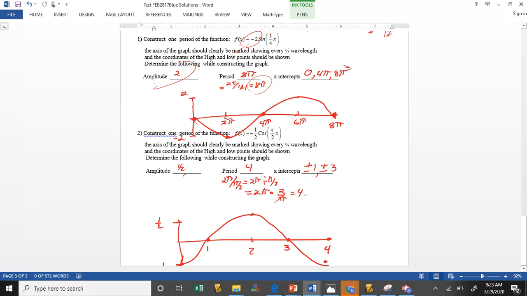So the span is 4 units. 4 units, halfway 2, quarter way 1, 3/4 way 3. We're doing the cosine negative, rising to a half, falling to a negative half. And the cosine intercepts at the quarter and 3/4 way, and then we sketch in the graph. And that is it, my friends.